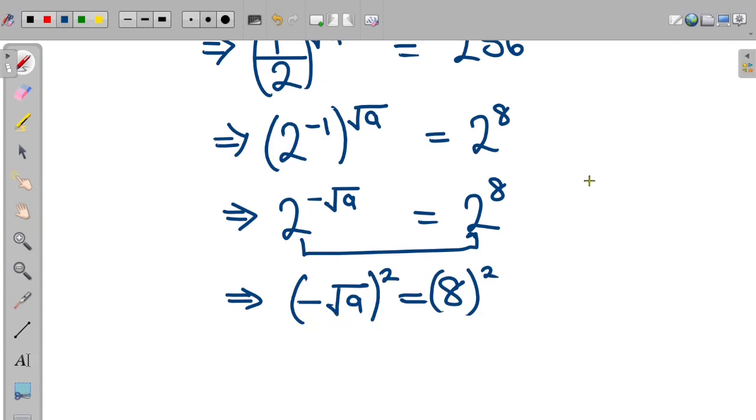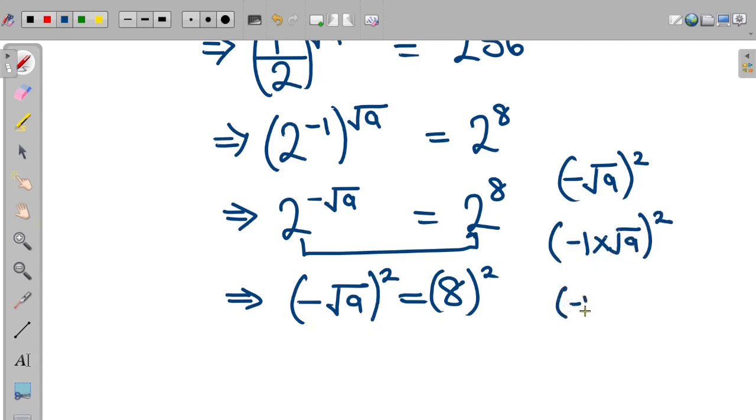Now recall that minus root a all squared is also minus 1 times root a all squared. And from the product power law of indices, this becomes minus 1 all squared times root a all squared.